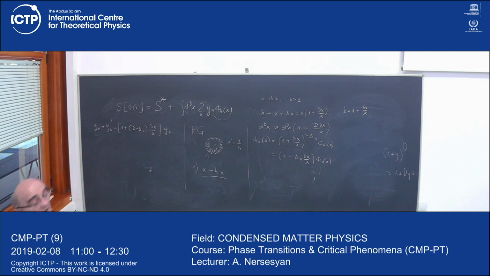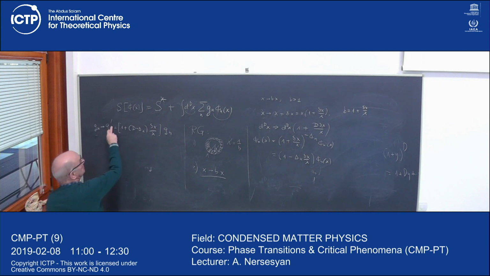Is it clear? It's straightforward, right? So if I take this first term here, I bring it to the left-hand side, and I get the difference g_n prime minus g_n, which is delta g_n. And the change of g_n, the change of the coupling constant, turns out to be like this.